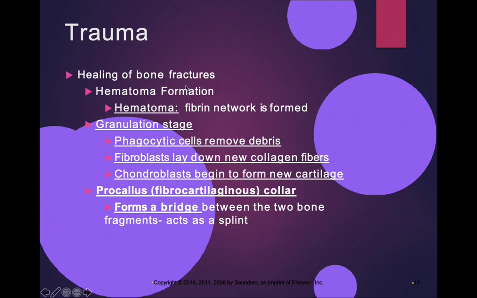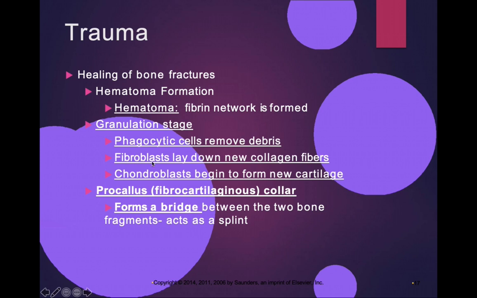So when we look at the healing of the bones, remember we said the hematoma forms, and there is this fibrin network that will be formed, and that fibrous network is going to create this granulation stage. In this granulation stage, there's going to be a lot of white blood cells and macrophages in the area. It's going to try and remove some of the debris, right? Out with the old and in with the new type of thing.